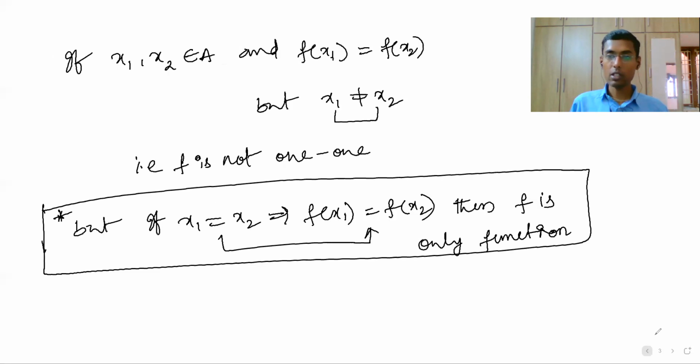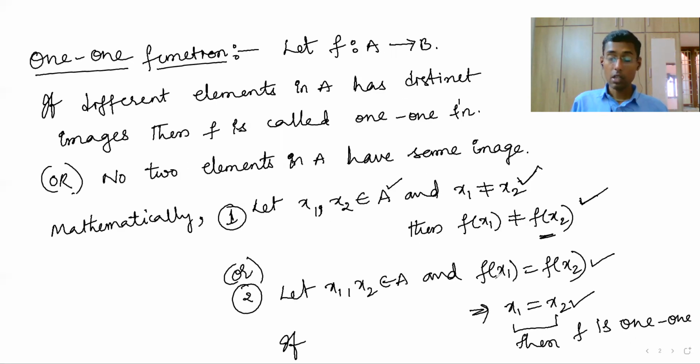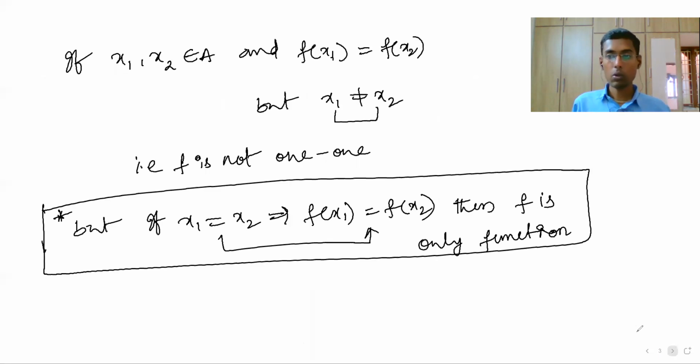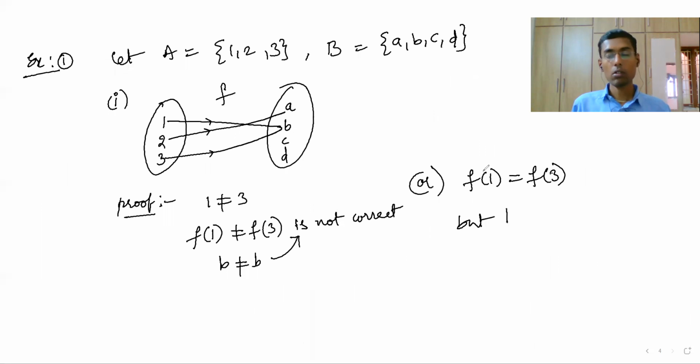See, f of x1 equal to f of x2 implies x1 equal to x2 should be. This is for all, whatever elements, x1, x2, any two elements here. For any two elements, this you have to prove. So, but 1 is not equal to 3. 1 equal to 3 is wrong.